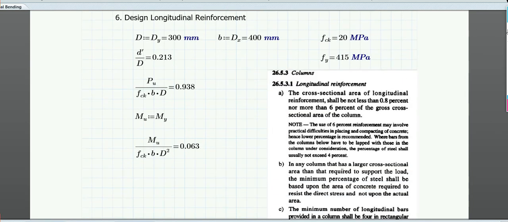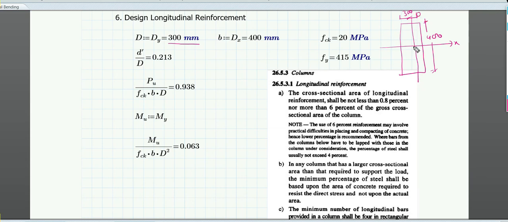Let's go for our calculation. Here it says that D is equal to D minimum, Dy is 300 mm, and Dx is 400 mm for our case, because just try to understand, this is our column. So this side is 300 mm and this side is 400 mm. We have seen that this is x and this is y.